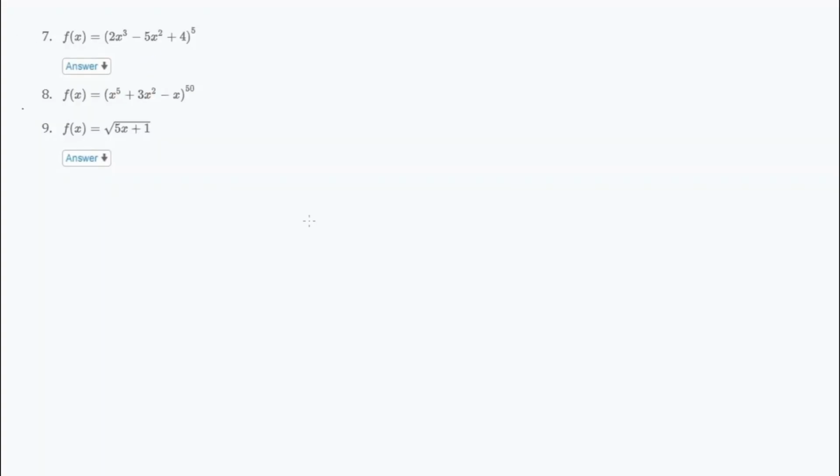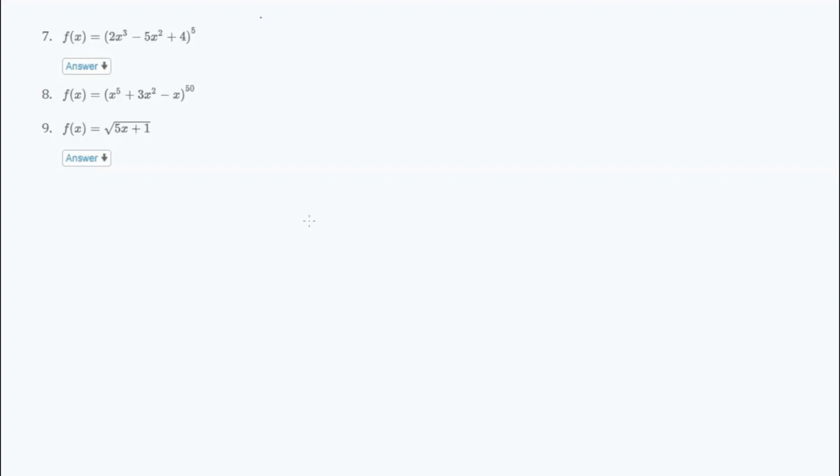Alright, so let's take a look at number 7, 8, and 9. All of these are a little bit similar. So number 7, we have this polynomial here to the fifth power. Obviously, multiplying it all out would be very difficult, and then using the power rule, I don't really suggest it.